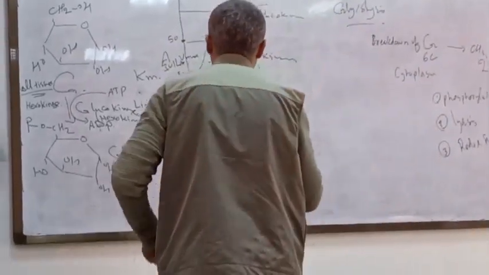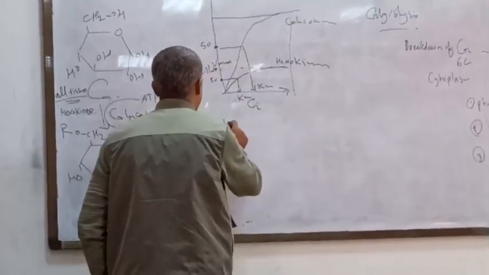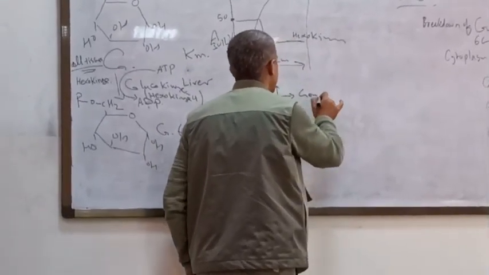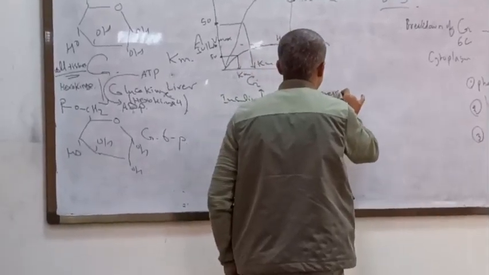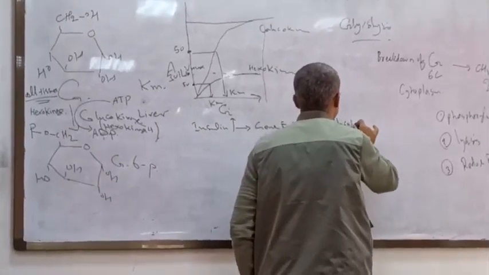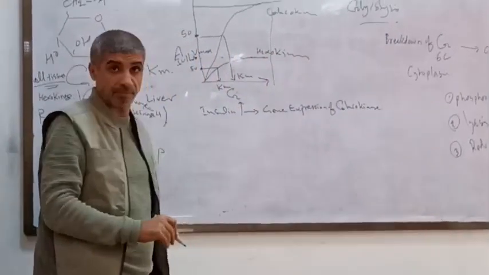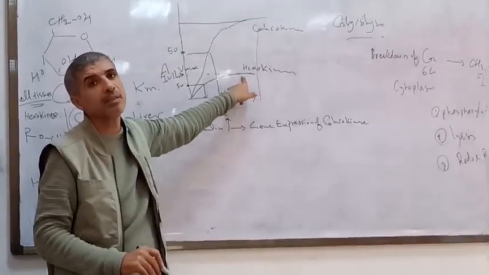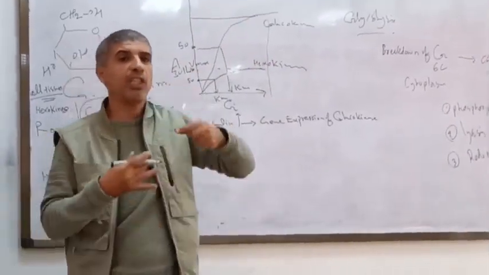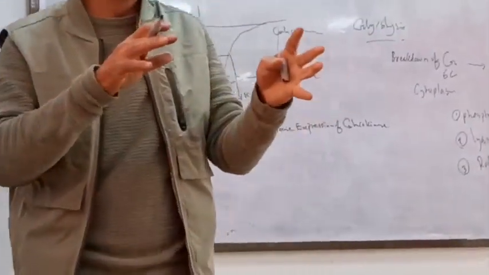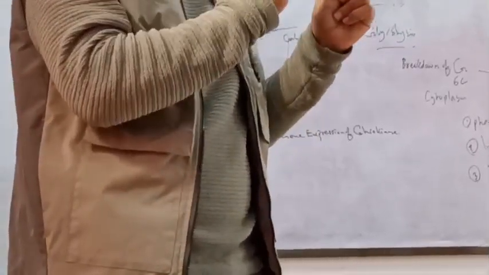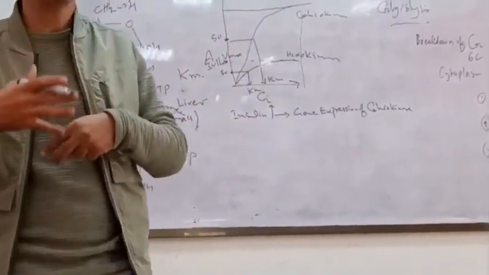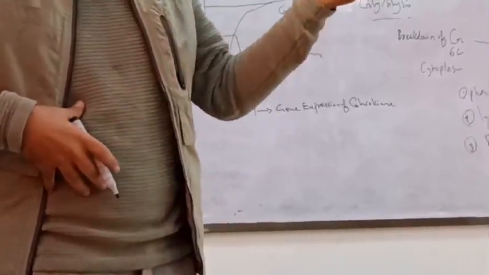Inducible versus non-inducible: transcription and translation of the gene responsible for synthesis of glucokinase are activated by insulin. So the more insulin, the more gene expression and quantity of glucokinase.